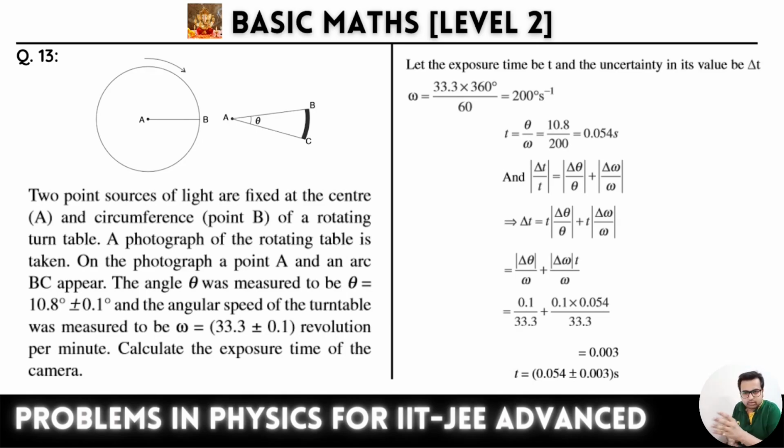If t is equal to theta upon omega, we can write delta t upon t is equal to delta theta upon theta plus delta omega upon omega. The uncertainty in time comes from the uncertainty in angular speed and in theta, the angle. So delta t will be t delta theta upon theta plus t delta omega upon omega.